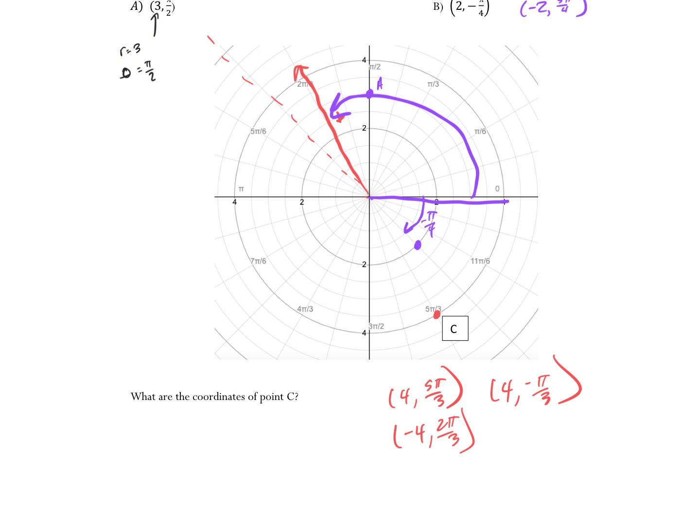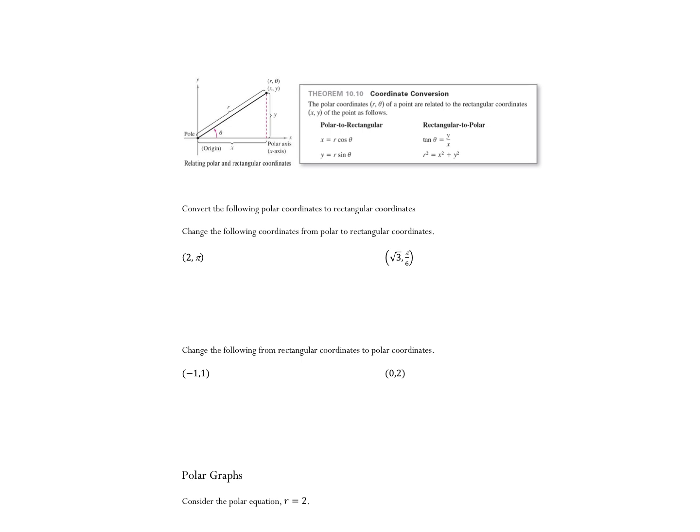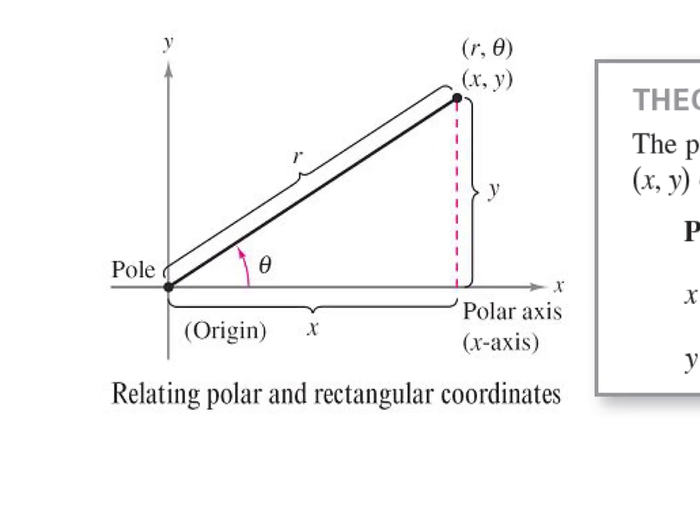All right, so now that we've kind of just defined what polar coordinates are, I wanted to talk about how to go back and forth between polar coordinates and rectangular coordinates. And it all is going to stem back to this picture, which theoretically should be incredibly comfortable for you guys by now. Is everybody with me?